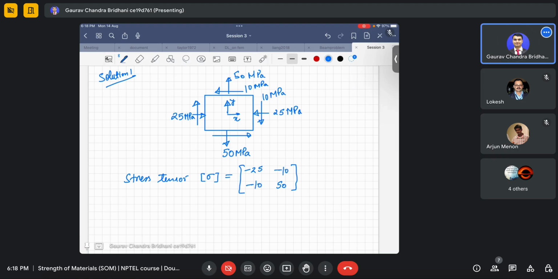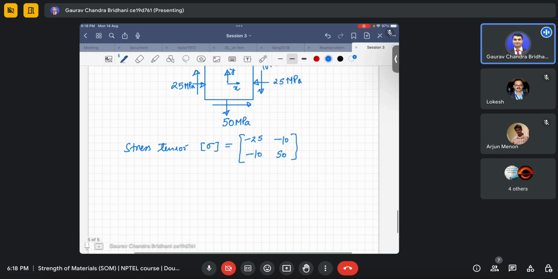So this will be the stress tensor. From there we can identify that sigma xx is minus 25 MPa, sigma yy is 50 MPa, and tau xy is minus 10 MPa.